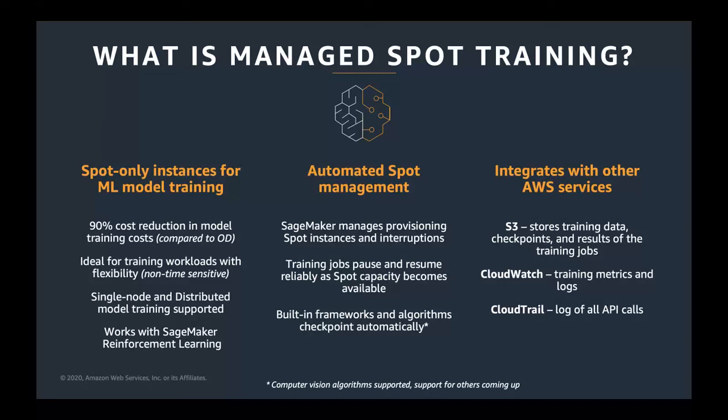So in SageMaker, we have got managed spot training, which uses EC2 Spot instances to run your training job instead of on demand. You can specify which training job should be using Spot, which should use on demand. You can have stopping conditions actually, and how long SageMaker can wait until it finds the Spot instances.